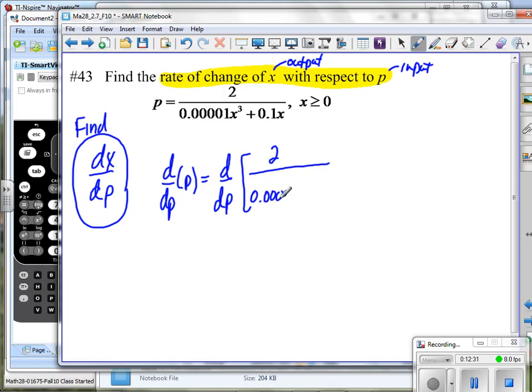How many zeros are there? 4. Why can't I just make this 0.0000 x to the negative 3 and put it up here?